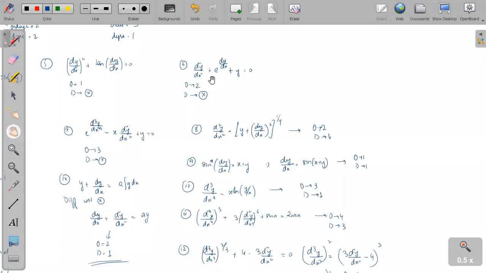The derivative dy by dx should not be present in any composite form. And if it is present, we should be able to make it free from it. And if you are not able to make it free, then degree will not be defined. So see, here also it was present in composite form, but we are able to make dy by dx free from sin inverse x. That's why the degree is defined here. Understood the definition? Yes, sir.